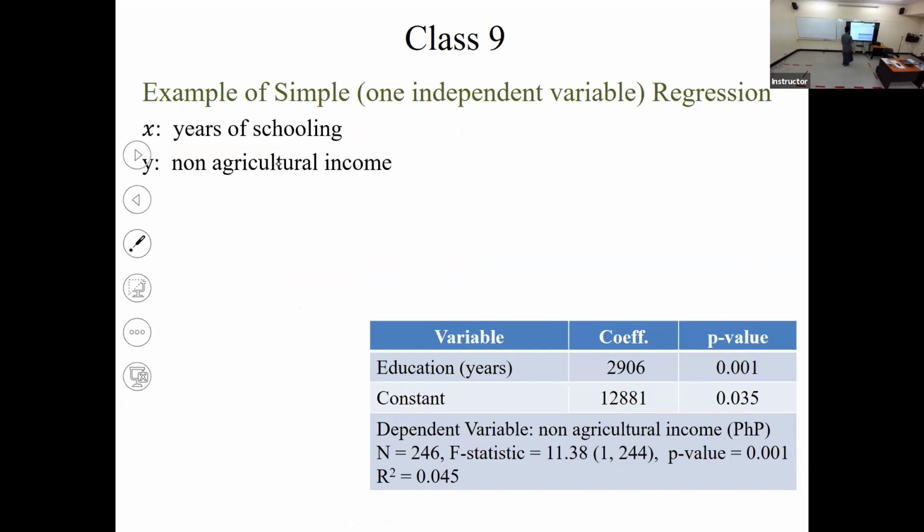The dependent variable is non-agricultural income, and the one independent variable is years of schooling. So that's what we observed yesterday. We looked at the correlation, we looked at the scatter plot. Now we are coming to one independent variable regression. We apply this to these two variables.